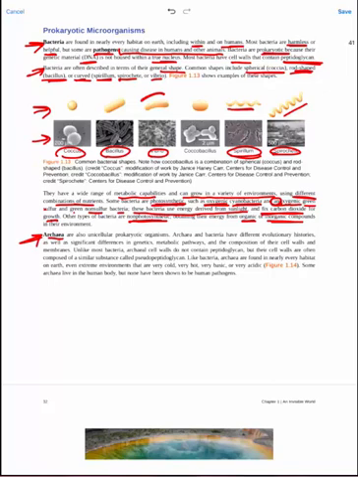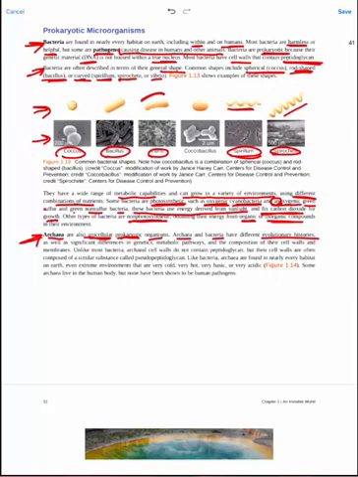Archaea are also unicellular, so single-celled, prokaryotic, meaning they do not have a true nucleus or a membrane-bound nucleus, organisms. So archaea and bacteria have different evolutionary histories. Going back to that tree of life, bacteria kind of goes off on its own at the beginning there, and then both Animalia and Plantae, which then later had archaea, is going to be off to the other side.